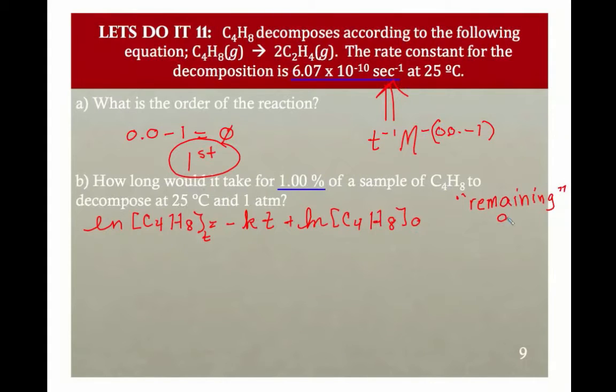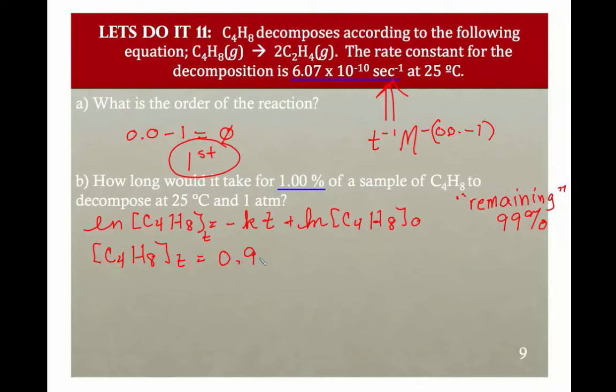So this means that if 1% decayed, 99% remains. And so we need to take 99% of our initial. Unfortunately, they don't give us our initial. So we need to set up a mathematical relationship that we can use to substitute.